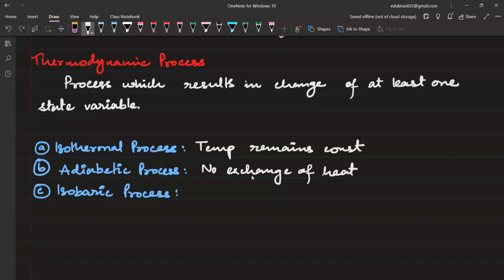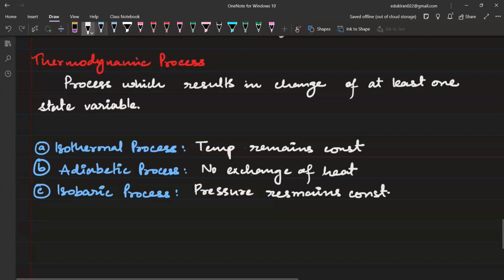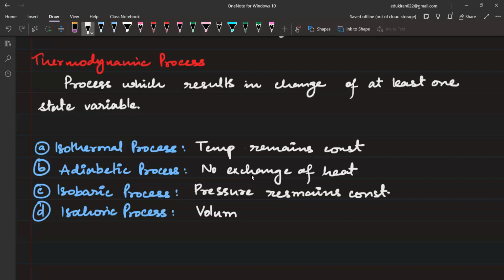In isobaric process, the pressure remains constant. D, you will write isochoric process. Isochoric process is when the volume remains constant.